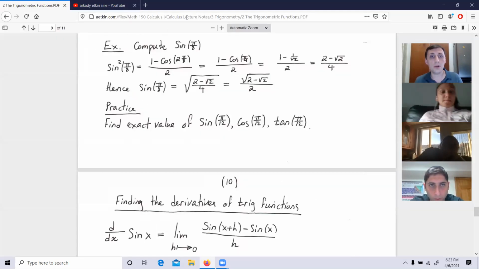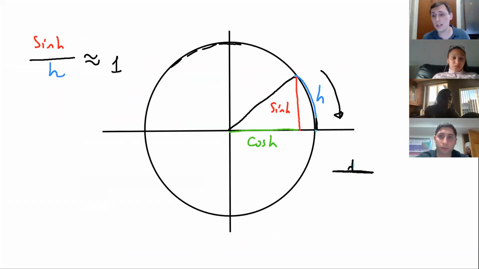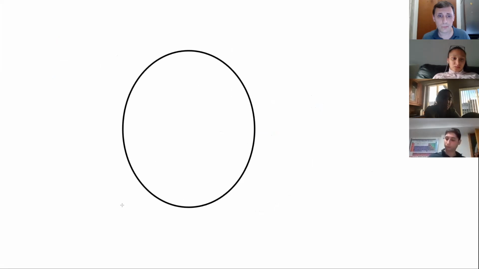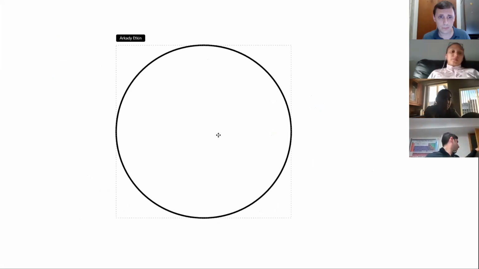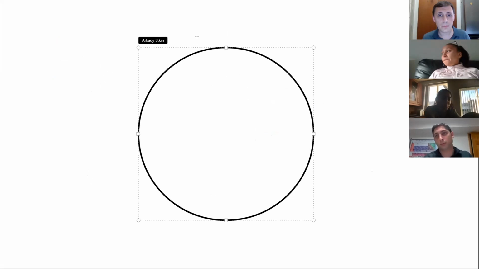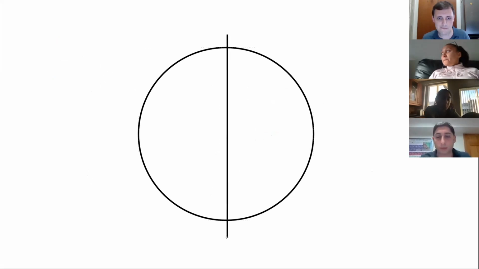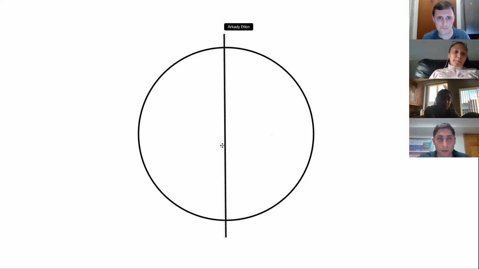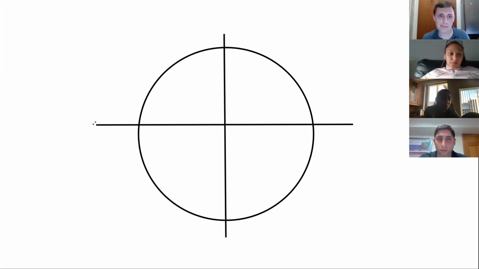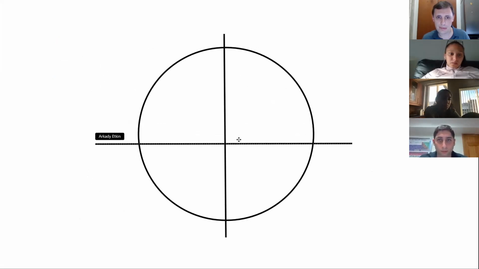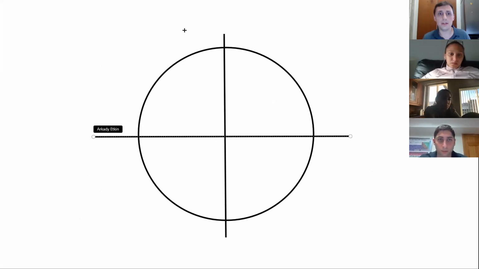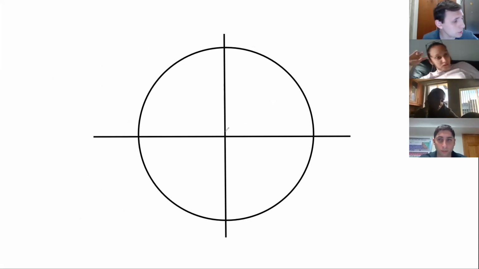It's a bit more difficult to see what happens with cosine, but let's try. All right, so here we have another circle.